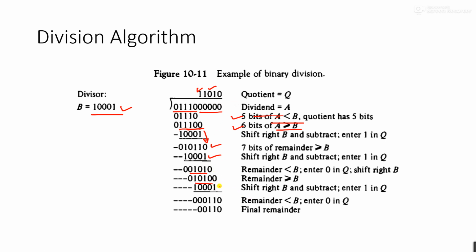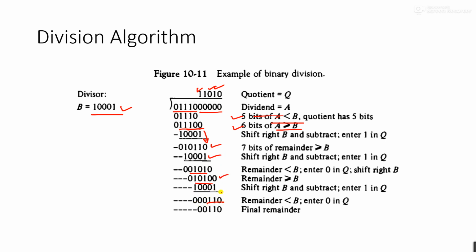If A is greater than B, then division is possible, so I will put 1 again here, and subtract B from A. Now I will get this number.